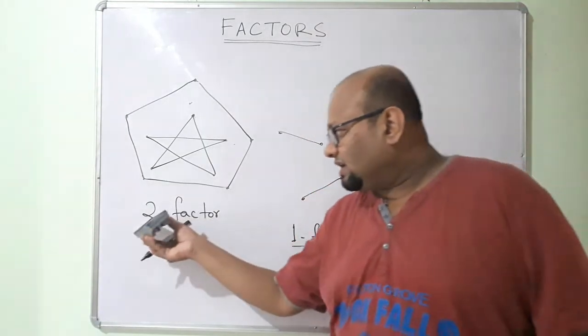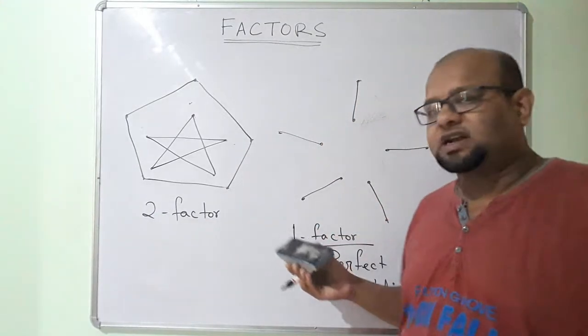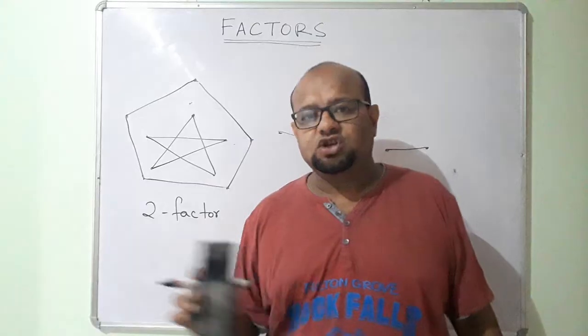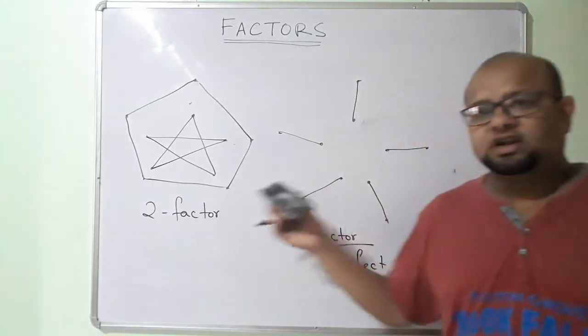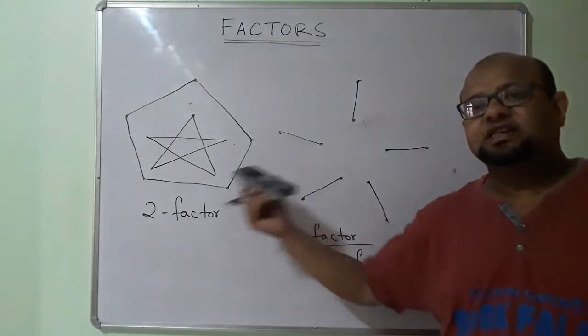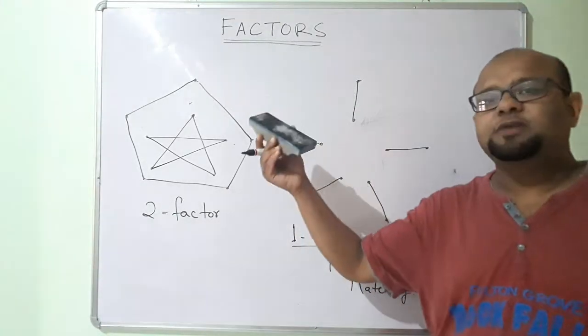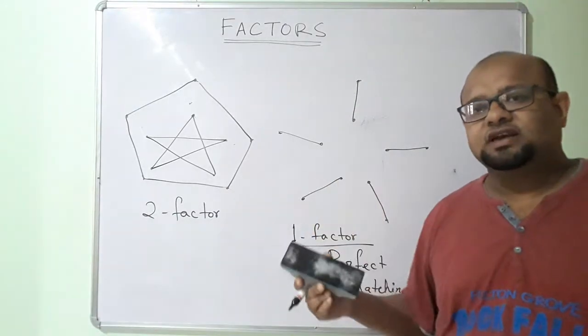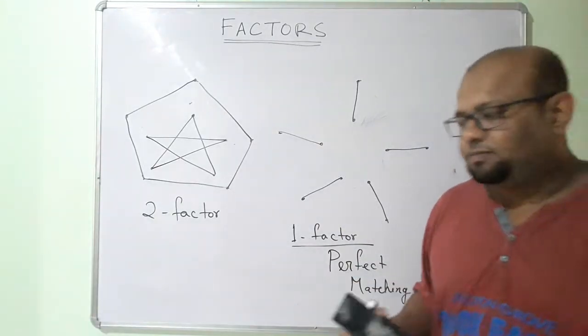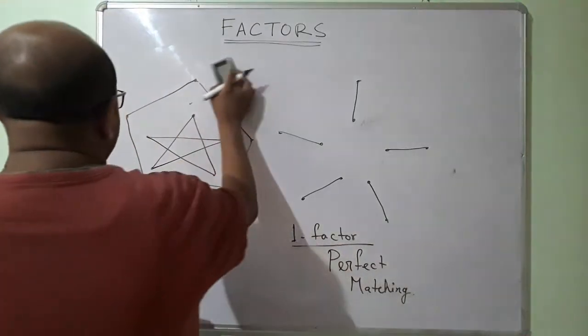But here it is a 2 factor and a 1 factor. So k here is equal to 2, and k here is equal to 1. So k is not the same across these two different subgraphs, right? So for that reason, although the union of these two will give me back my original Peterson graph, it is not a k factorization. Alright, the Peterson graph does not have a k factorization.